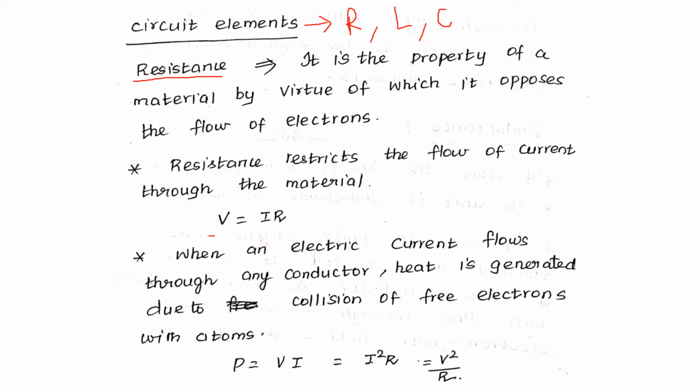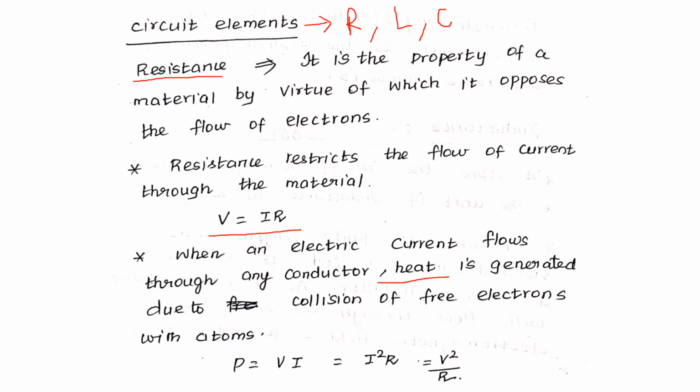It is given by Ohm's law, that is V is equal to I into R. When an electric current flows through any conductor, heat is generated due to collision of free electrons with atoms. So, when a current flows through a resistor, energy is dissipated in the form of heat.